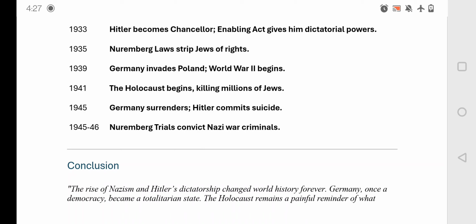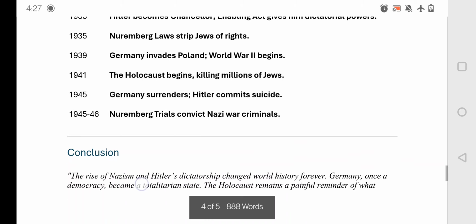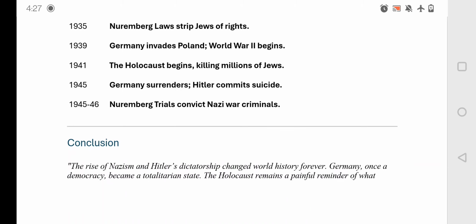Then in 1945 Germany surrenders, and Hitler commits suicide because he knew that he had done a lot of bad things. In 1945 to 46, the Nuremberg trials convict Nazi war criminals who did a lot of bad things to the people living in Germany, who were not real Germans according to them.